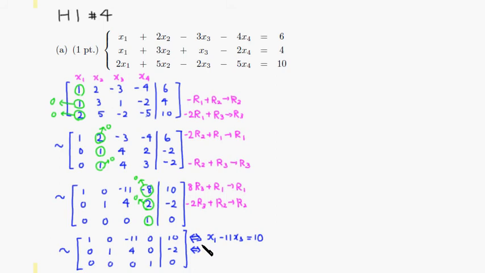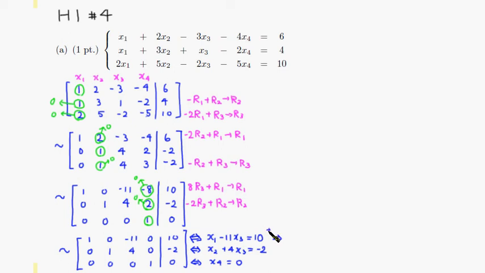And the second equation says that this is x2 plus 4x3 and is equal to negative 2. And the last one is x4 equals 0. At first, I'm going to rewrite this. I'm going to solve the first equation for x1.